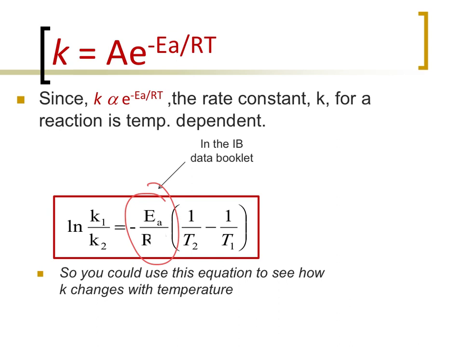Keep in mind it was over T, so if we're trying to look at how K changes with temperature, we want to keep T in the bottom, but we can look at final minus initial. Remember that K was temperature dependent, so we can plug in the K for our first temperature and our K for our second temperature, and then use this to solve and see how it changes with temperature. So if you have a delta T, this would be the version of the formula that you would want to use.